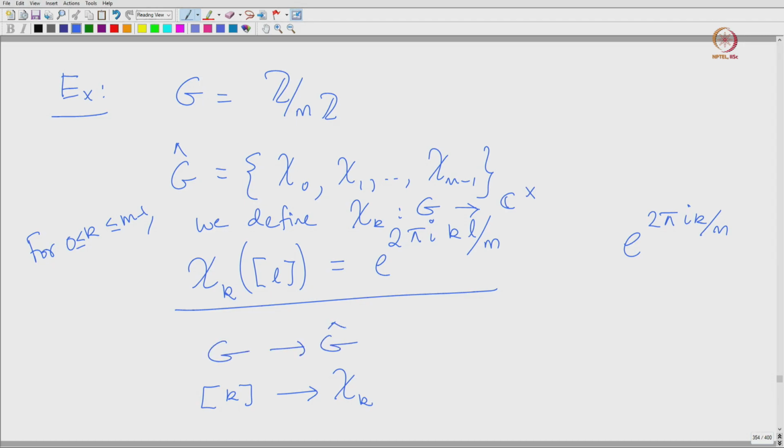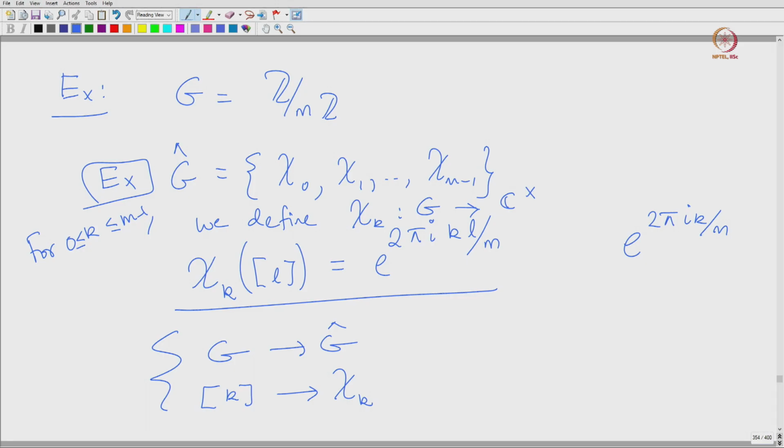I am going to leave it to you to check. Here we need to prove this is a group homomorphism as well as onto. So, this is the exercise.